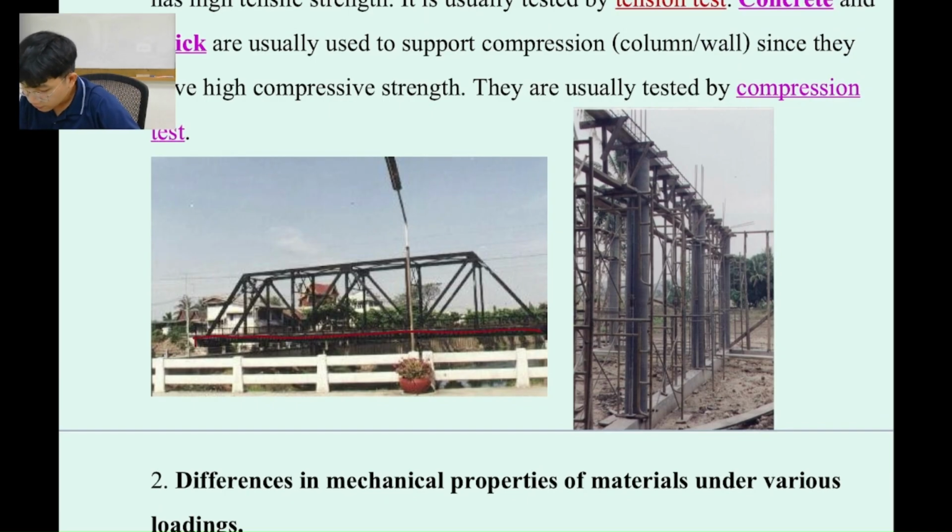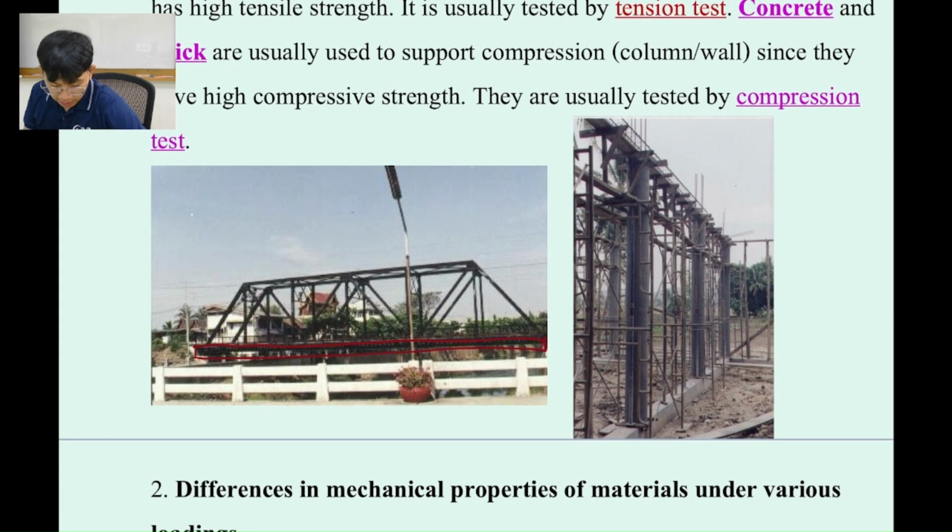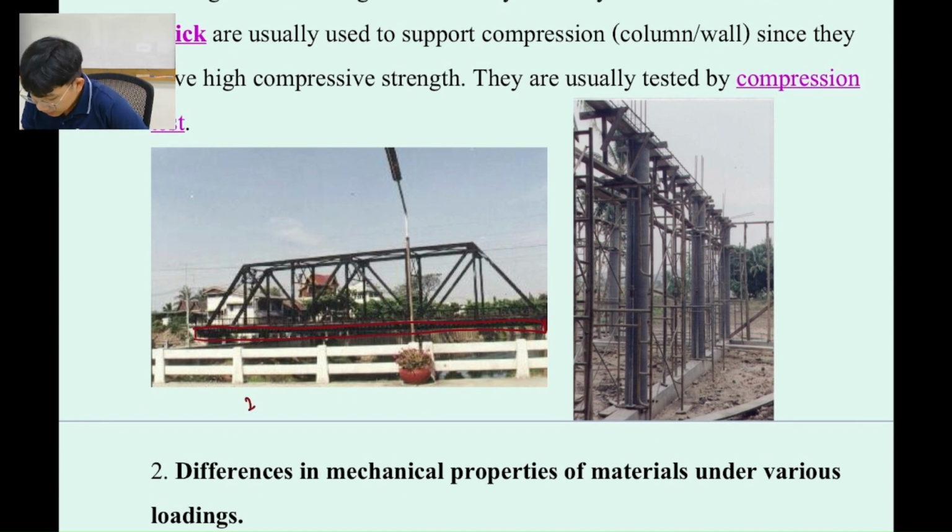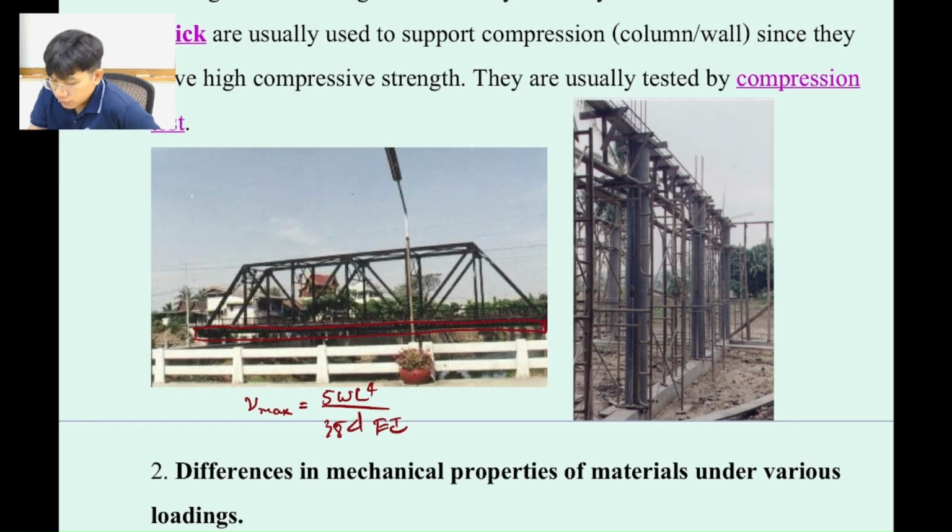Okay, for example, like the steel brick over here. The question is, can we construct this using a concrete brick? Of course, yes. But if you remember the equation from the uniform stress, the maximum deflection is going to be 5WL to the fourth over 384EI, right? So if we use concrete, the Young modulus of concrete is about 200 KSC.